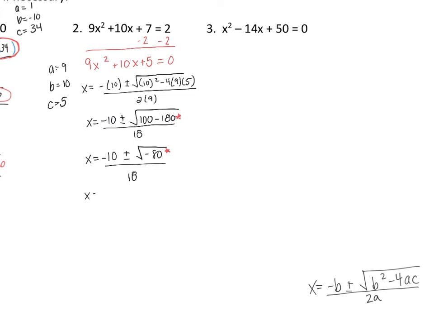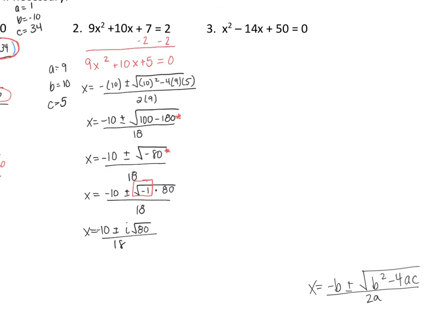Same thing, x equals negative 10 plus or minus the square root of negative 1 times 80. We do that so I can get this negative out of the radical. I know that the square root of negative 1 equals i. So because I have a negative 1 under the radical, I can pull an i out and keep the positive 80 under the radical.